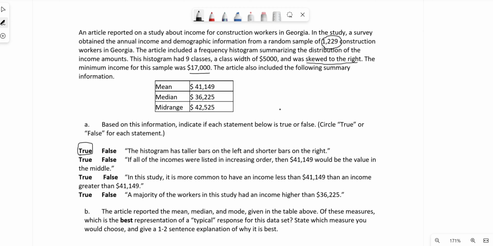Because of the shape of the distribution. The distribution was said to be skewed to the right. So that means your mean is somewhere here, greater than your median, which will be somewhere here.